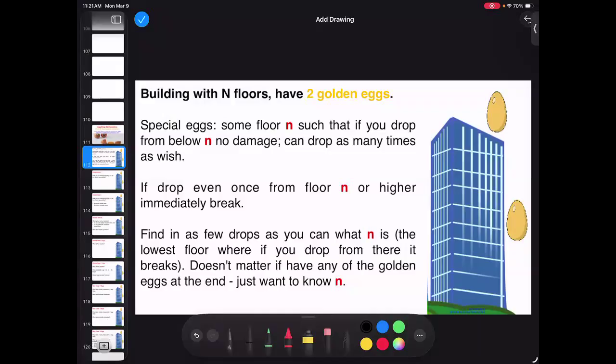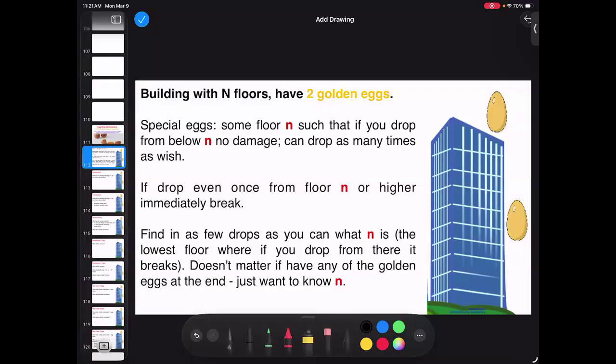And so, again, with a question like this, you can always ask, what exactly am I trying to minimize? Is the bad floor equally likely to be every floor? Is it more likely to be a higher floor than a lower floor? If I know some information like that, am I maybe trying to minimize the expected number of drops?